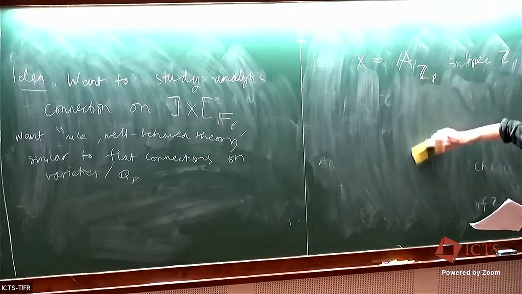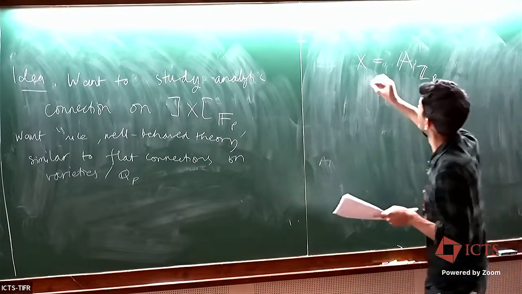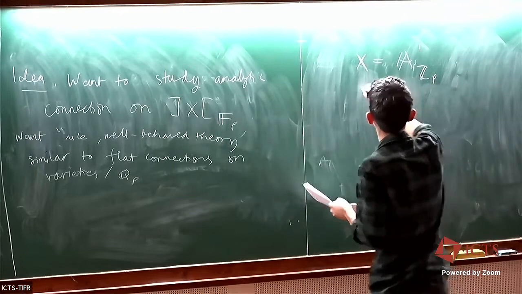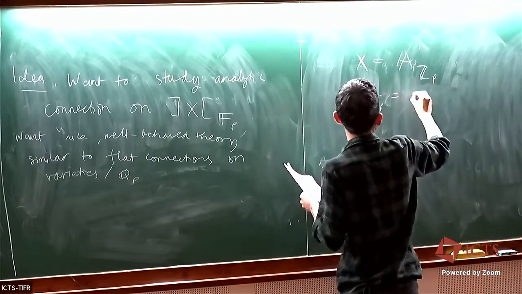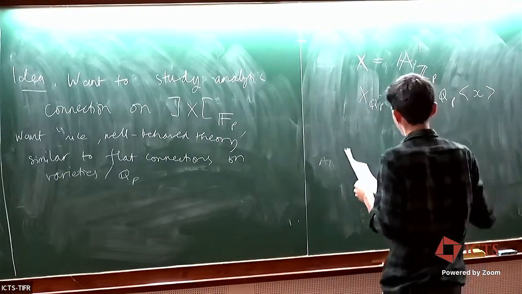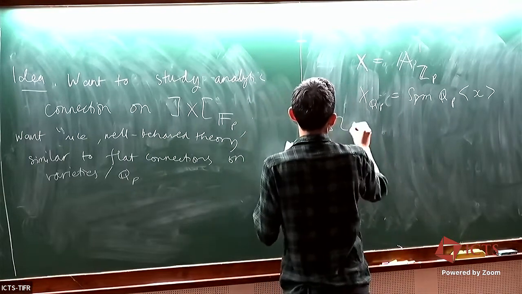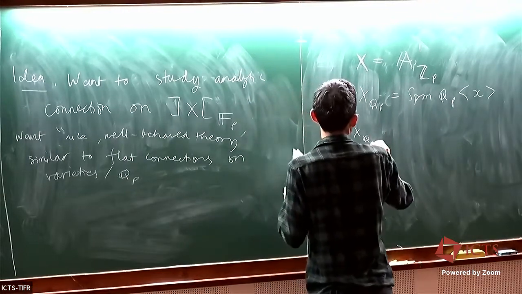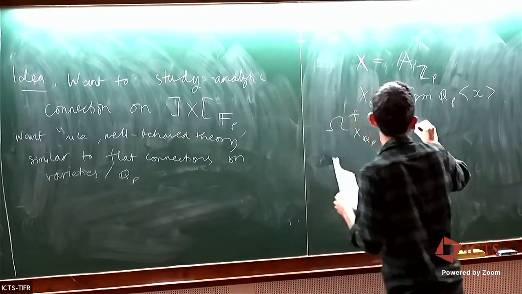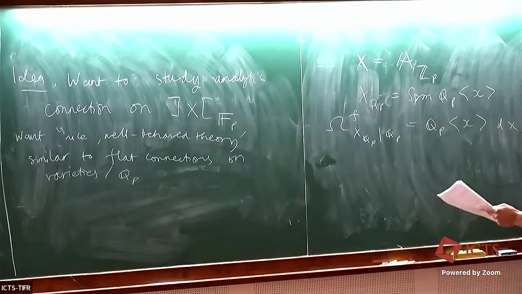But actually, even in this example, we take X equals A^1, and the functions on the tube of X_{F_p} are Q_p of x. And then we have this notion of Omega^1, which we can just think of as Q_p of x times dx, and then we have a differential map from here to here.